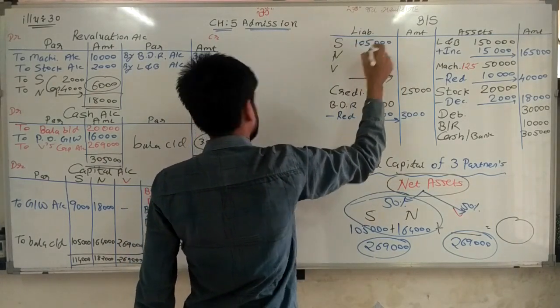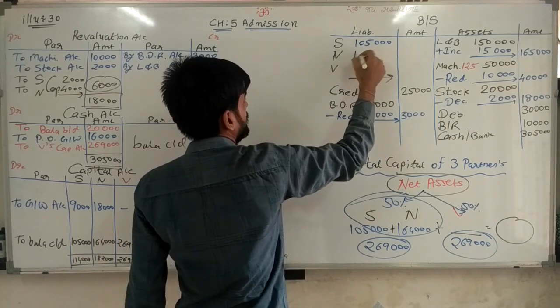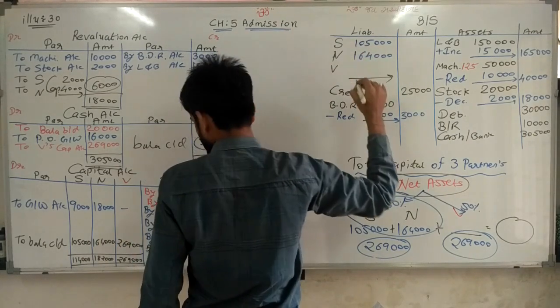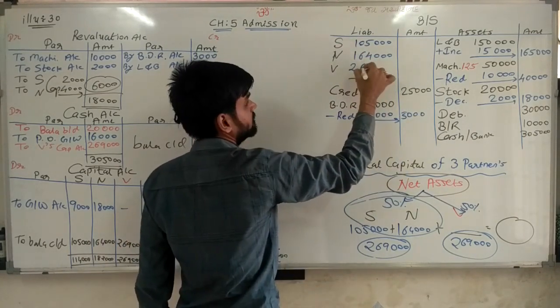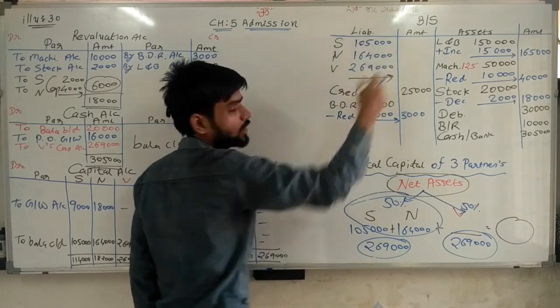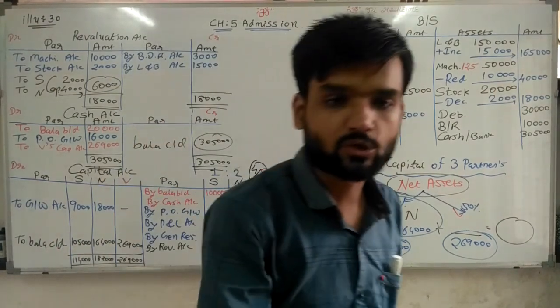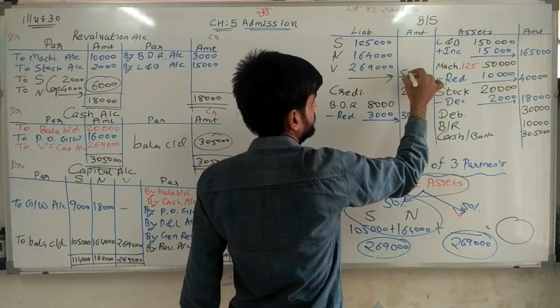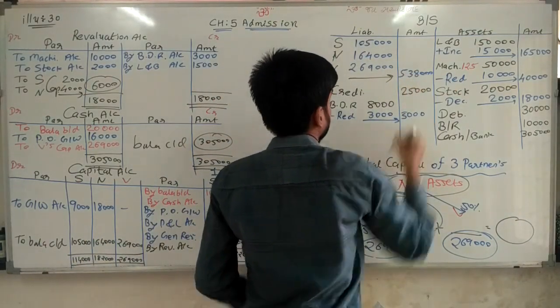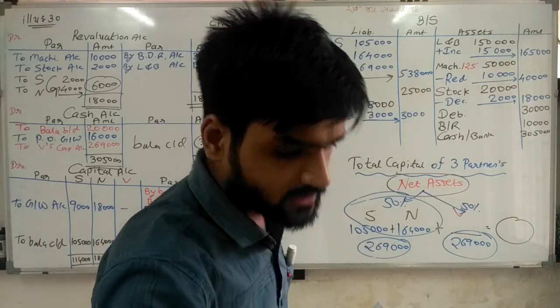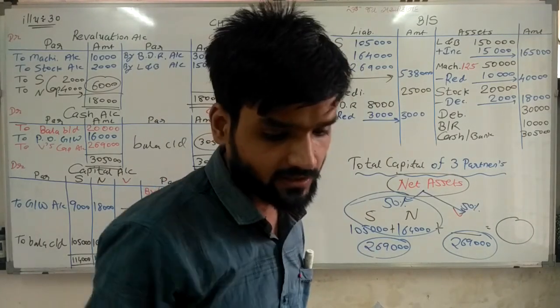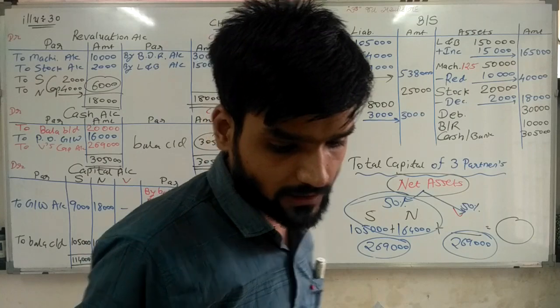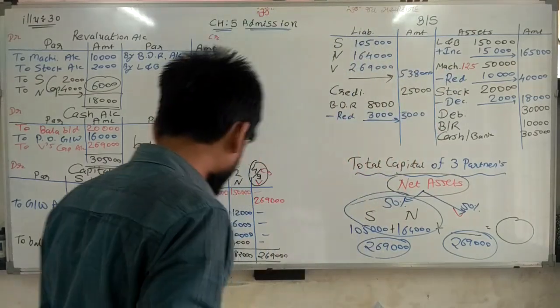105,000, 164,000, 269,000. So the total of these three, if we make the total, our answer is 538,000. 105, 164, 269 gives 538,000. 25 and 5,000 as it is. Total of this is 568,000.